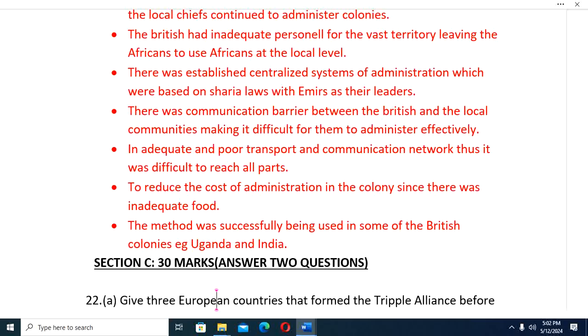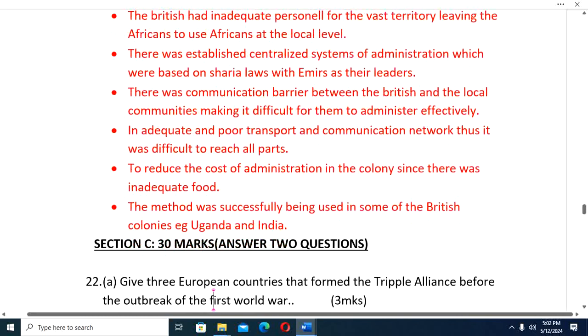Next, inadequate and poor transport communication network, thus it was difficult to reach all parts. Next, to reduce the cost of administration in the colony since there was inadequate funds. Next, the method was successfully being used in some of the British colonies in Uganda and India.